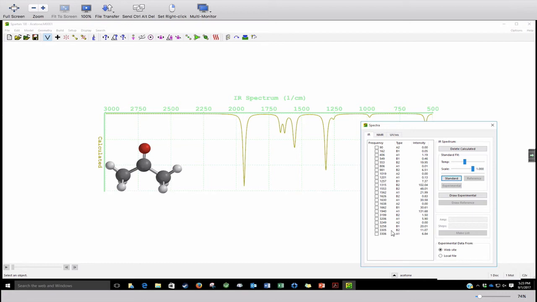Now let's look at something in the hydrogen region. So what we notice over here in the hydrogen region at 3,000 and above, we can see that there are actually quite a few different stretches that we can look at. So let's take a look at this one at 3199. So the hydrogens are actually vibrating that way.